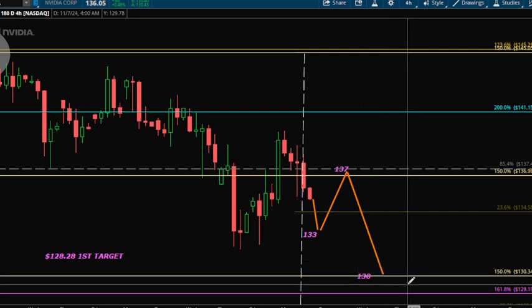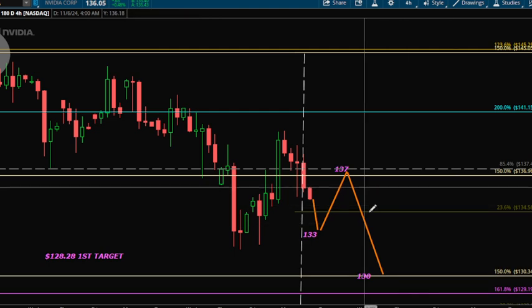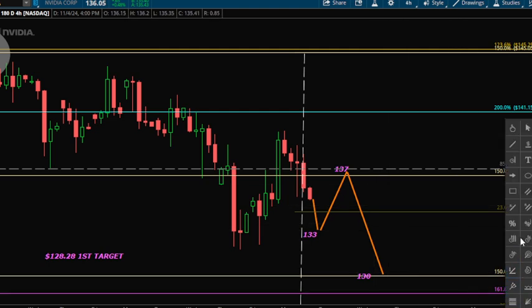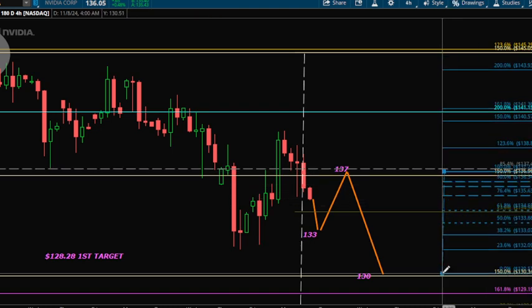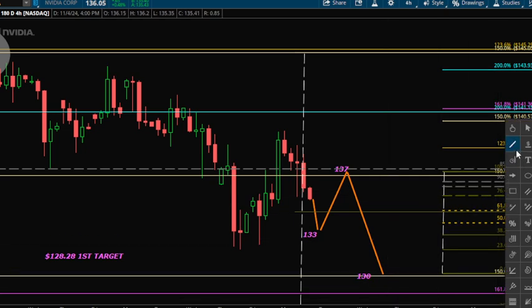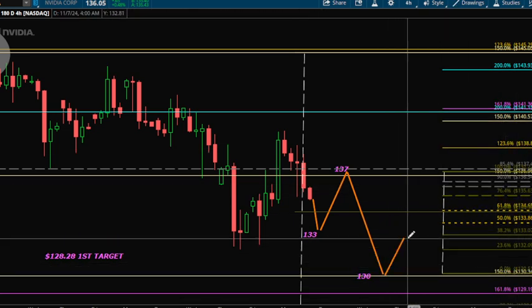And somewhere around here, we've been seeing those expanding flats. So from here, you want to measure maybe this retracement here at 38.2, which is right here.